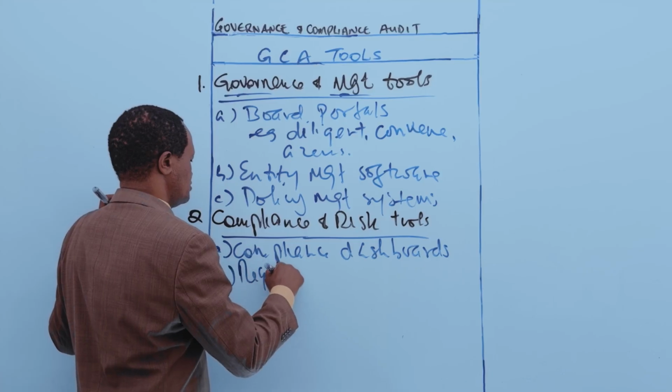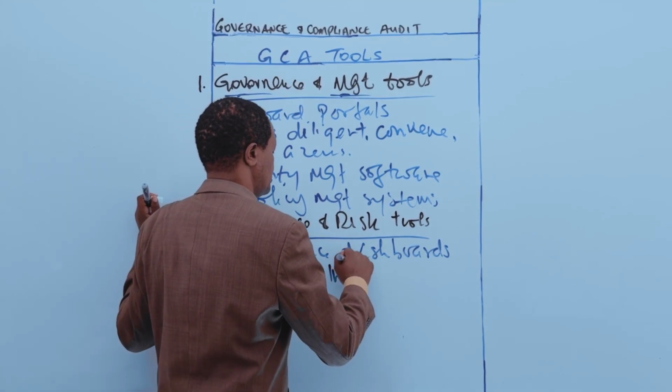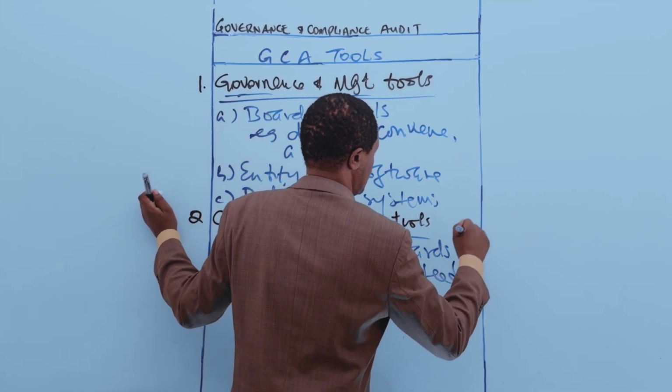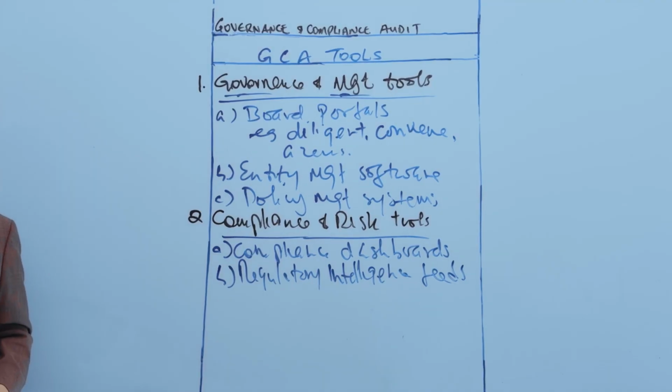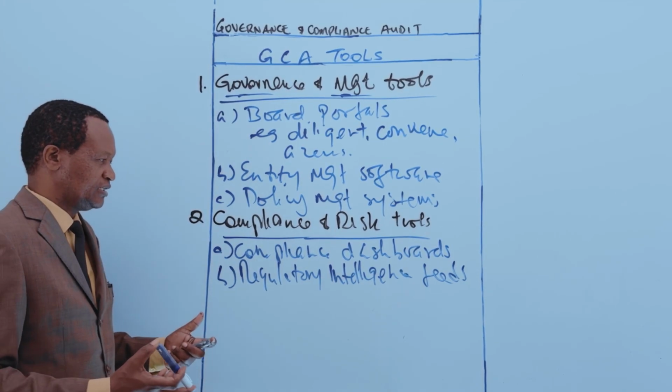Regulatory intelligence feeds, on the other hand, automatically alert the audit team to changes in laws, like changes in tax laws or changes in data protection or privacy regulations, so that the audit criteria remain current.